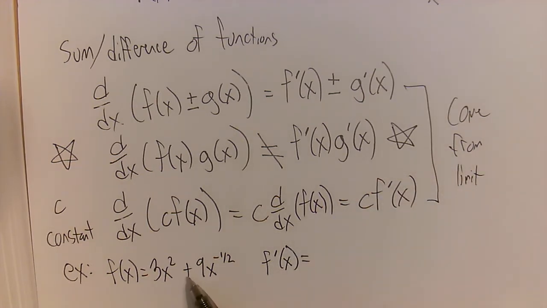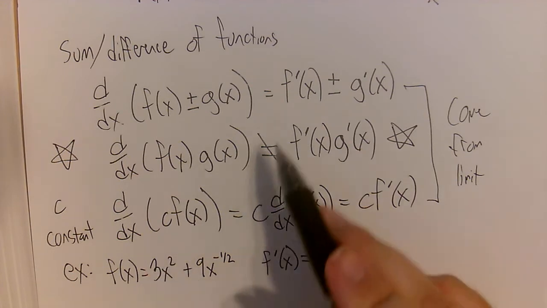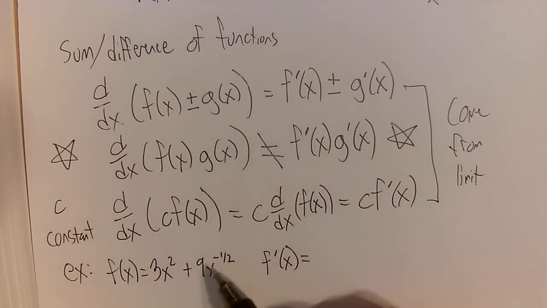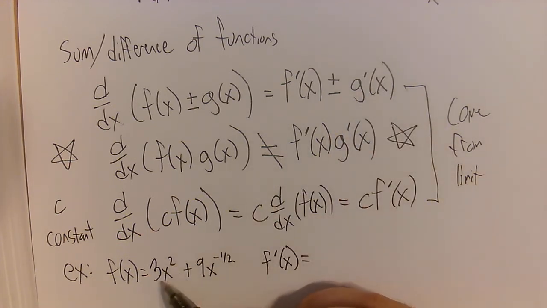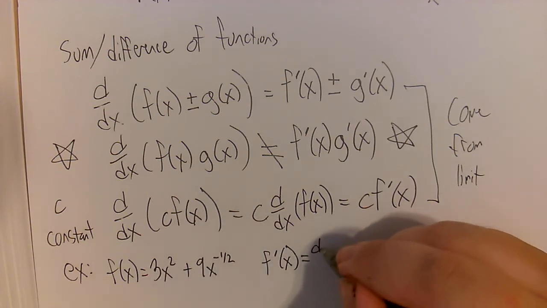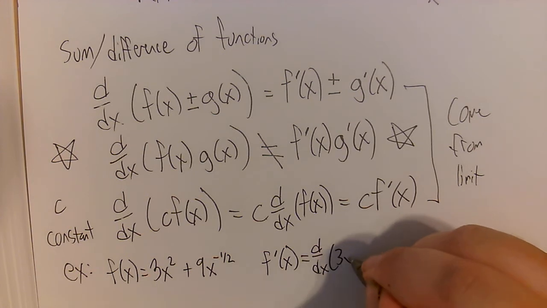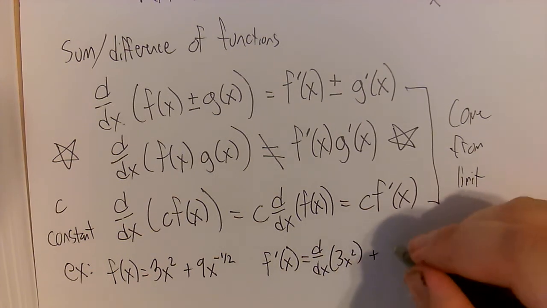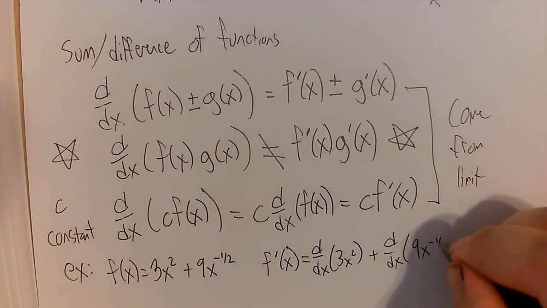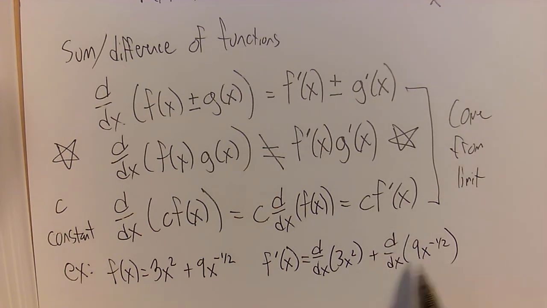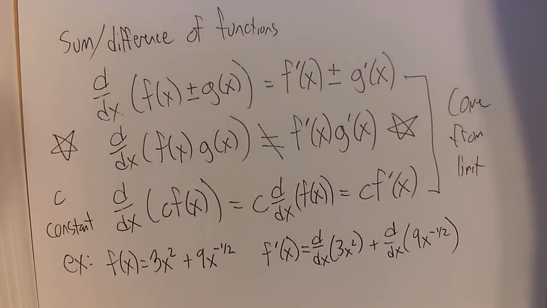Well, since there's an addition sign here, we could just do the derivative of this, so find the f prime for this part, and then we could do the derivative of this, find the derivative of the second part. So I'm just going to focus on doing the derivative here first. So I'm going to do the derivative of 3x squared, and then I'll worry about the 9x to the negative 1/2 afterwards. So I can do the derivative of each one separately.